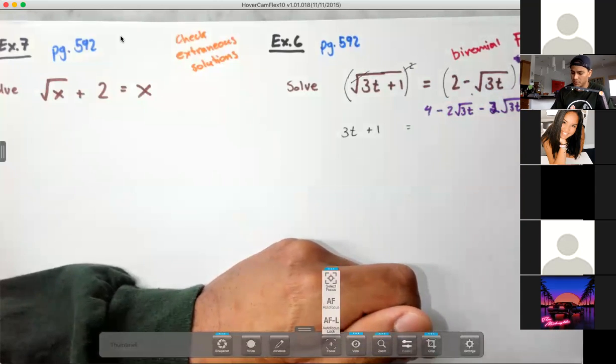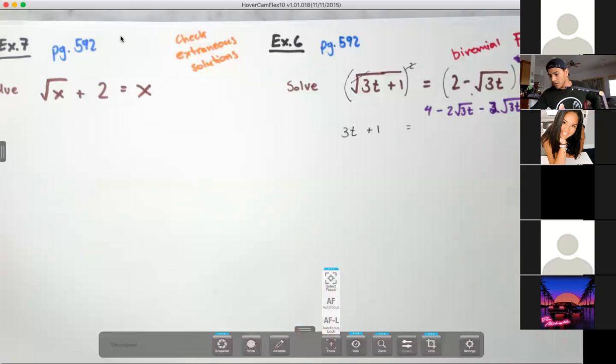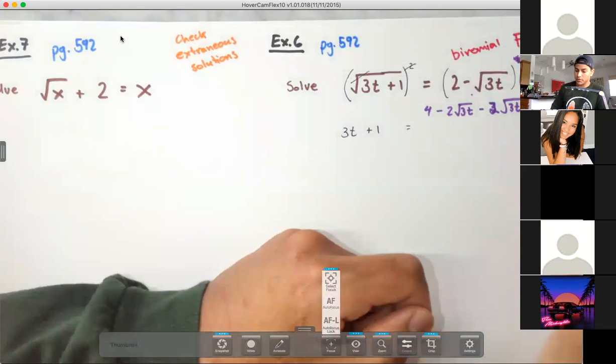Let's just keep it in the square root for now. Whatever's inside the square root will multiply by itself, so you'll get 3 times 3, which is 9t squared. Let me just double check that. And yes. Okay, good. So we'll get this 9t squared.